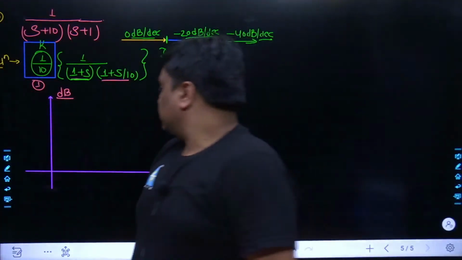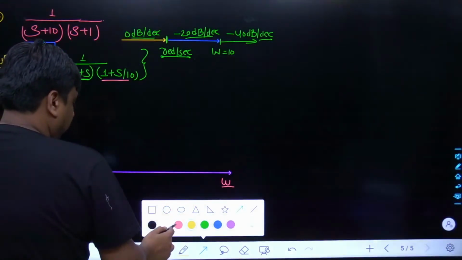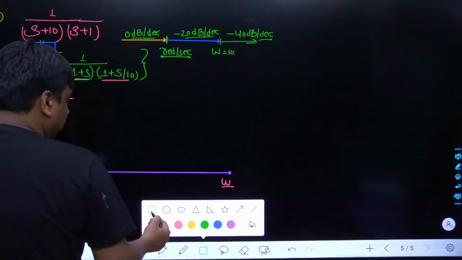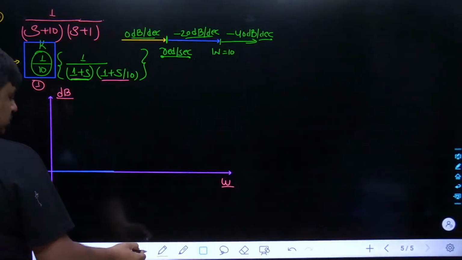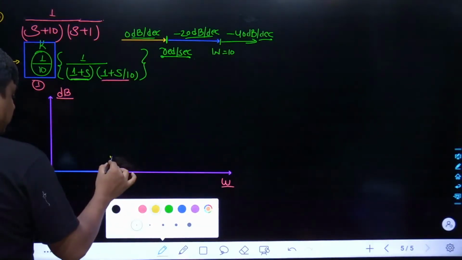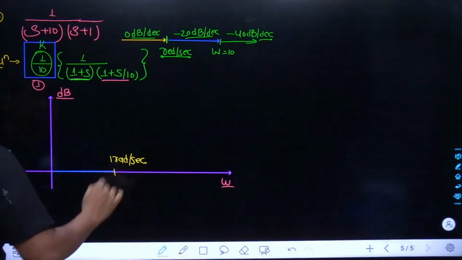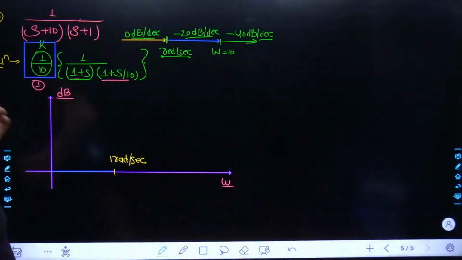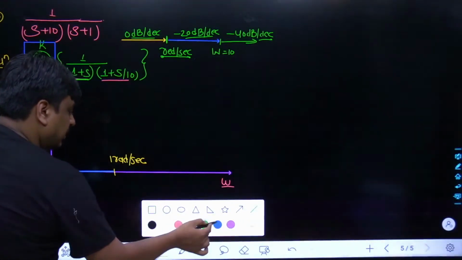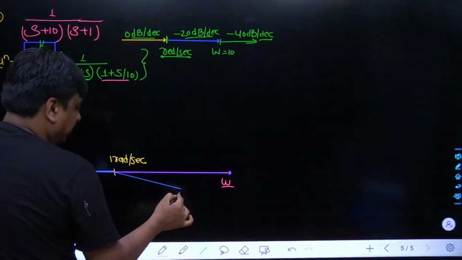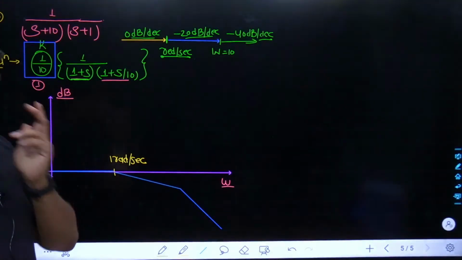So if you really want to draw how the curve would look, till omega is equal to 1 radian per second, the slope was 0 dB per decade. Similarly, from 1 radian per second onwards, minus 20 dB per decade, and then it changes to minus 40 dB per decade.